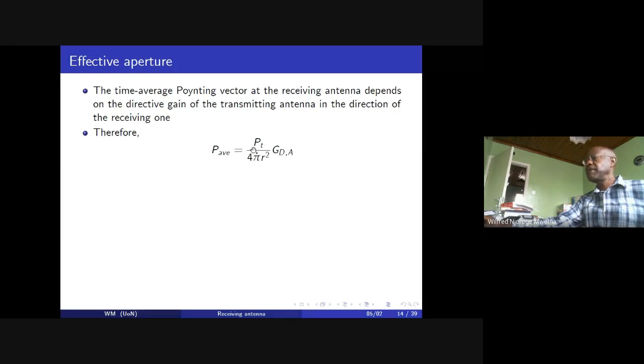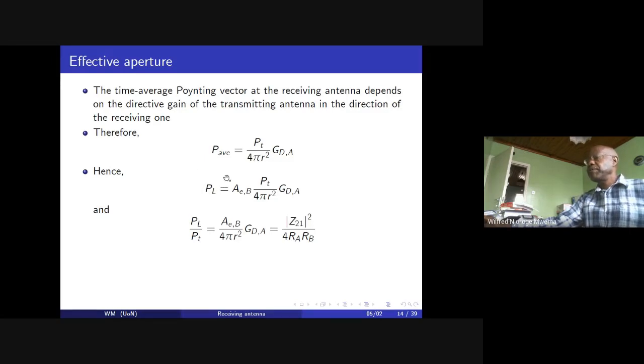Therefore, we divide it by the surface area of the sphere enclosing antenna A, and we multiply that by the directive gain of that antenna, which we are calling G_DA. Hence, the power received by antenna B will be given by its effective aperture multiplied by the average incident power at B.